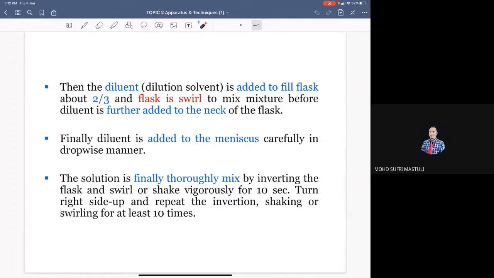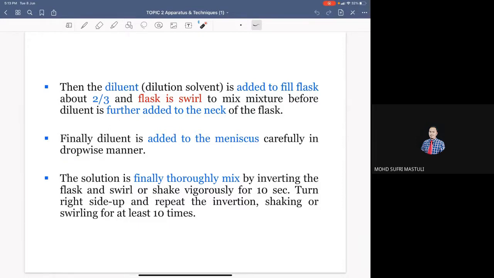The dilution solvent can be added to fill two-thirds of the volumetric flask, and then we swirl the flask. After that, we can further add it to the neck of the flask. Finally, very carefully, the final diluent is added to the meniscus, just in a dropwise manner.